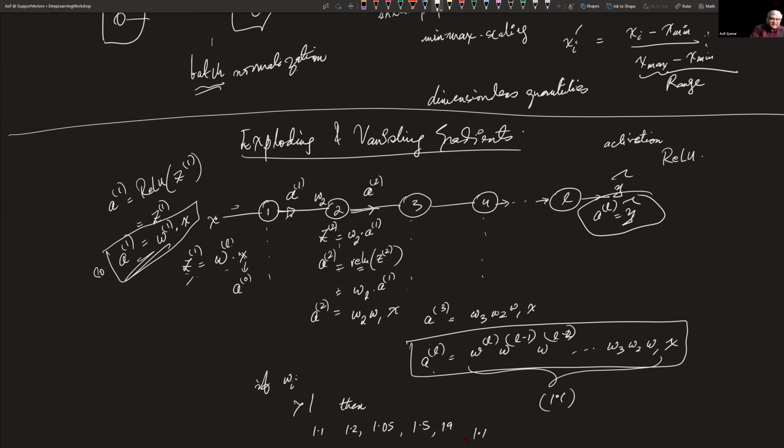And let us say that you take a network that is 10 layers deep. Could anybody tell me what is 1.1 to the power 10? Anybody with a calculator would like to guess what this comes out to be? One of you, could you help me out, or otherwise I'll have to do this.